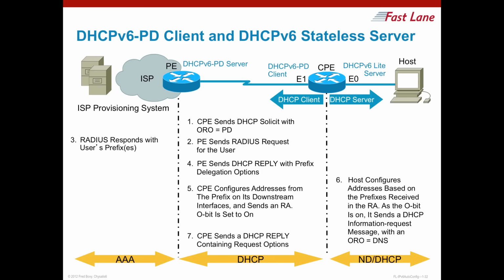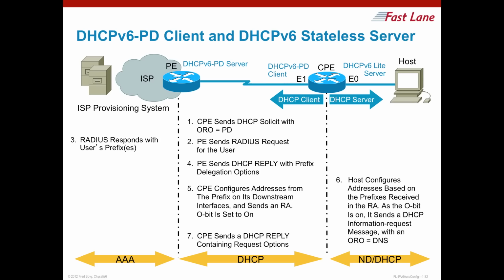And you see that in many cases, a CPE can be a DHCP PD client on one side and a DHCP server on the other side. So in this example, the CPE is a PD client on one side to receive the prefix from the ISP, and then it is also a DHCP stateless server to provide the local host with the address of DNS servers, for instance.